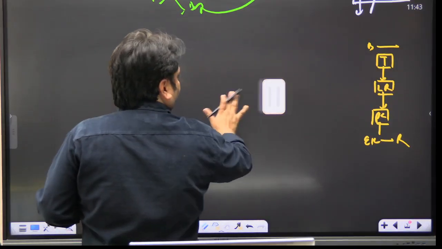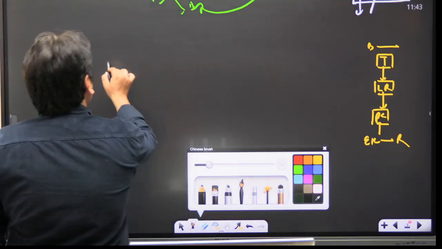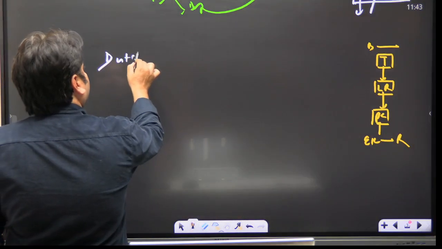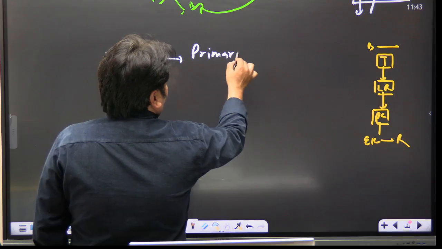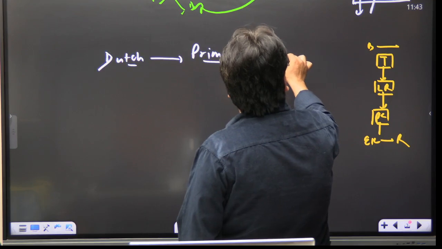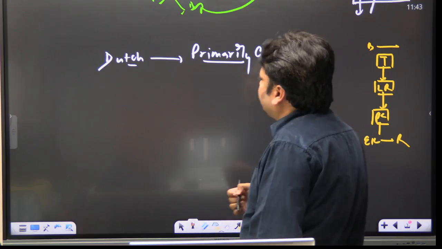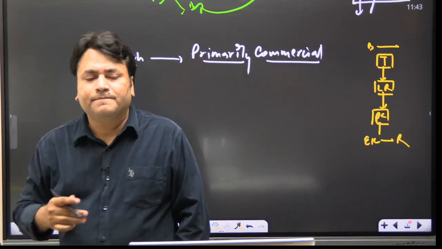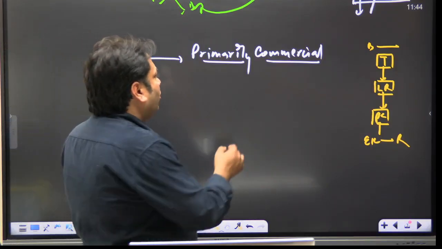What were the intentions of the Dutch? The Dutch were present in India and their intentions were primarily commercial. Please write these keywords, primarily commercial. They will be helpful for you in writing answers to comparative questions. We can say it was not territorial.